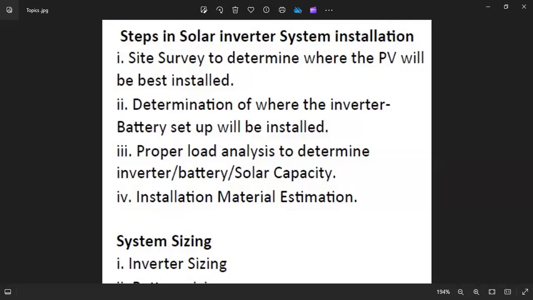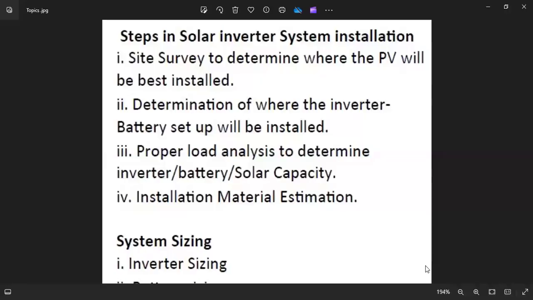So the next thing we'll be looking at here is determination of where the inverter and battery setup will be installed.